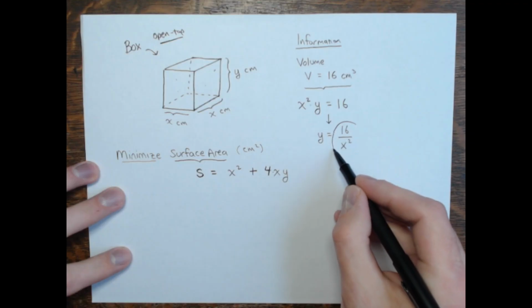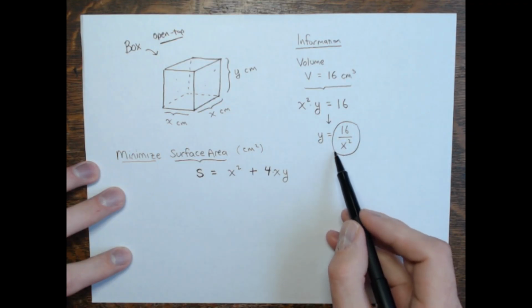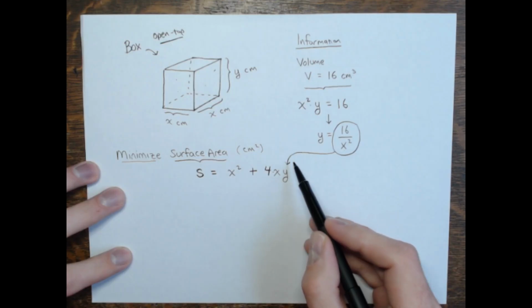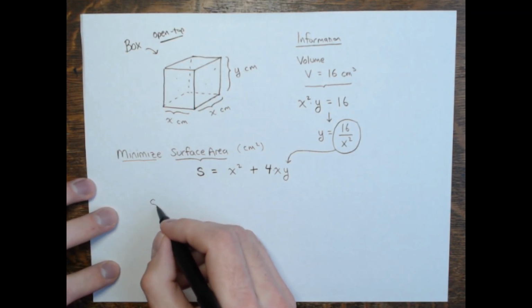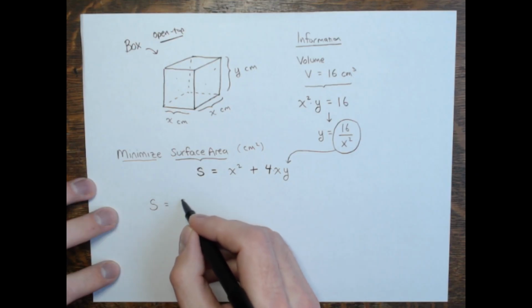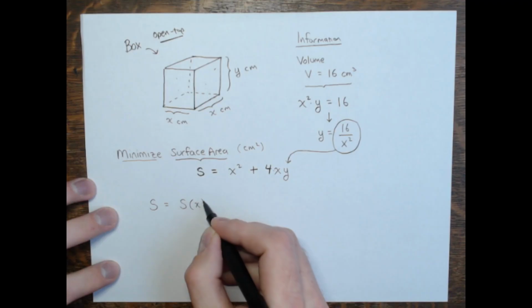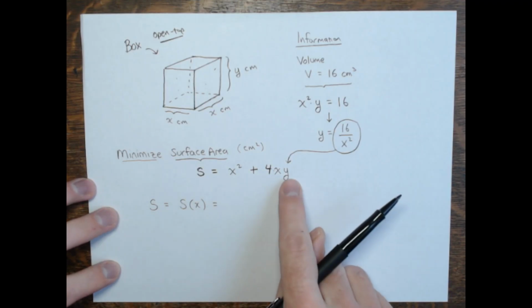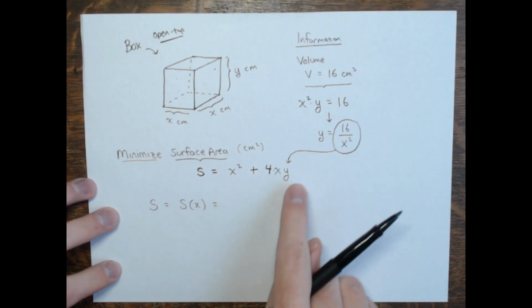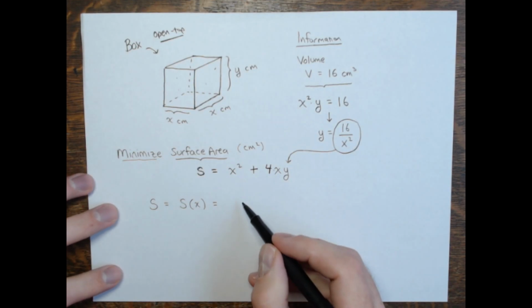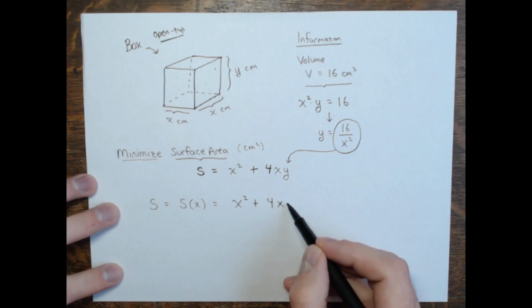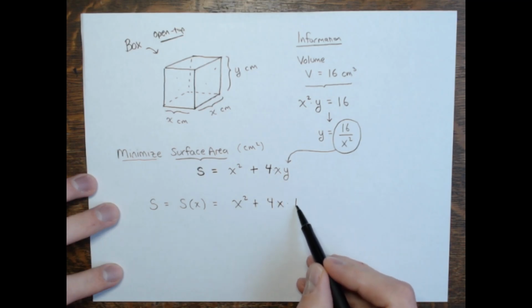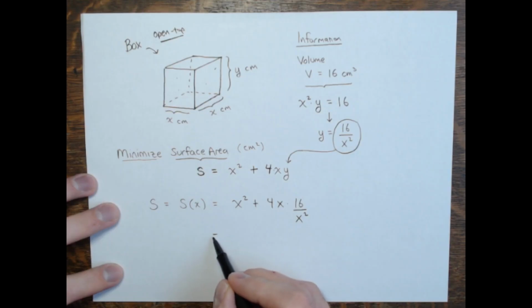And then I'm taking this expression, this 16 divided by x squared, substituting it for y in my surface area formula. So now we have the surface area, which we could also call S of x, using function notation, because when I replace y here, it's going to be all in terms of x now. It's going to be x squared plus 4 times x times, and then y becomes 16 over x squared, which we can simplify a bit.